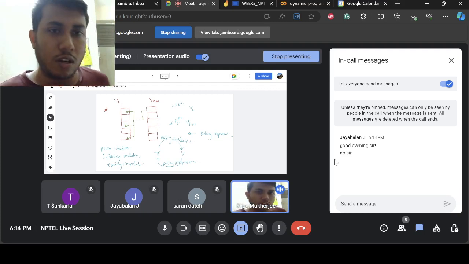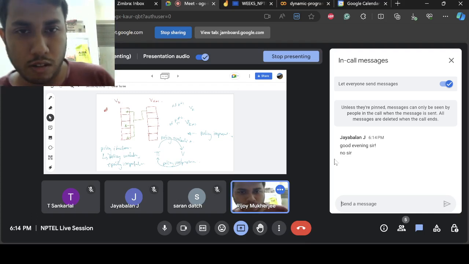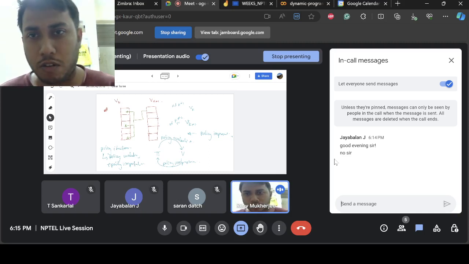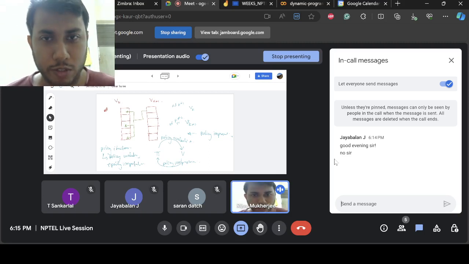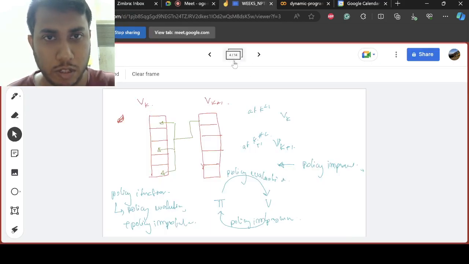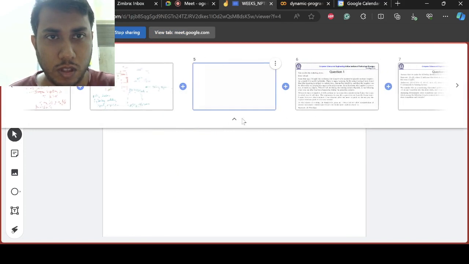So that is what the policy iteration statement does. Policy evaluation I have covered; let's get into a little more depth in policy evaluation and policy improvement.